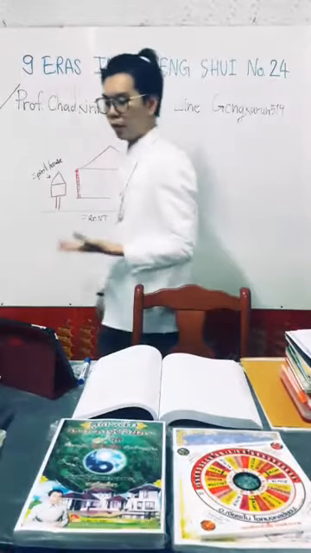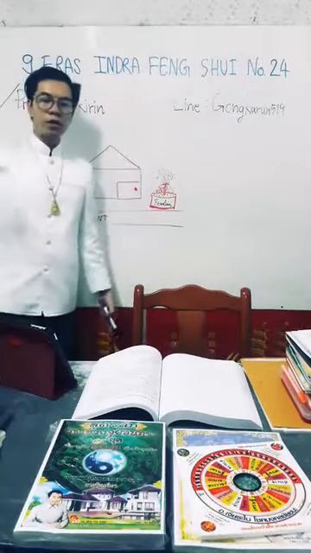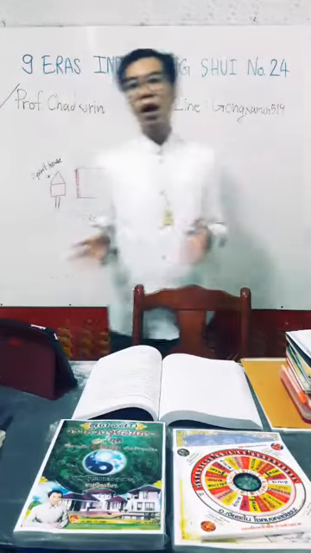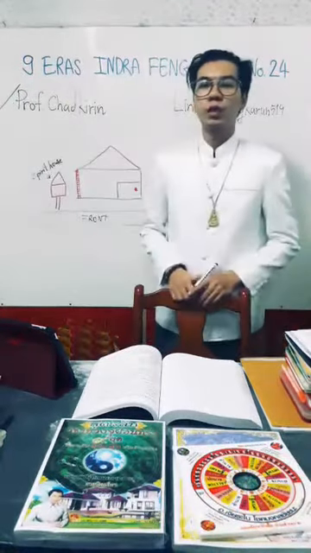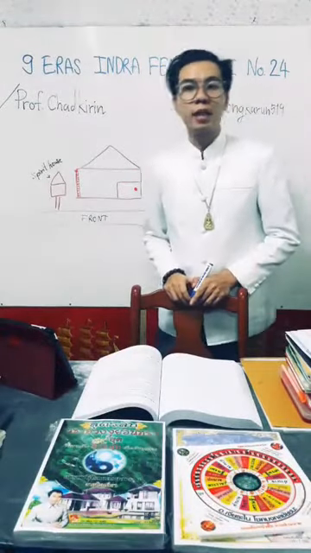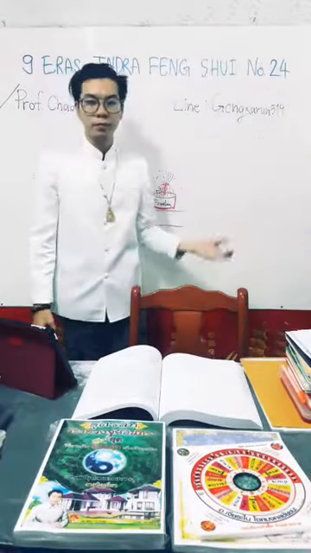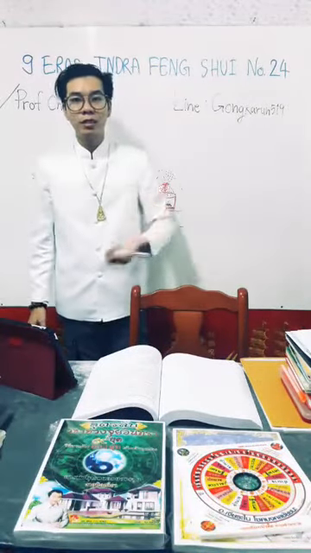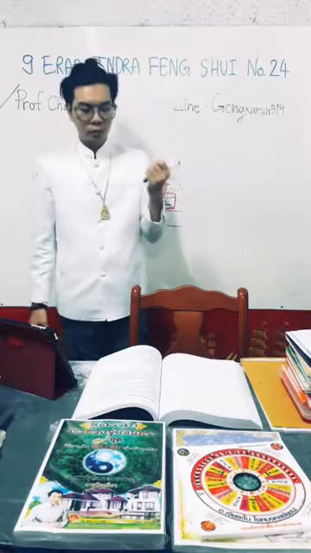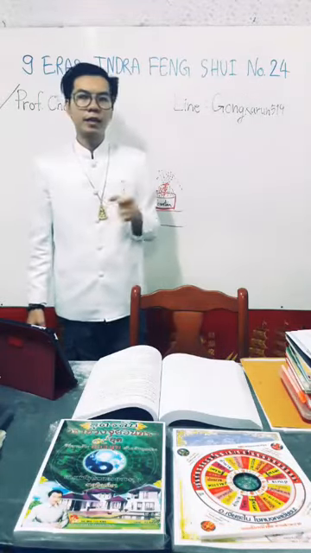Why about the door of the house? In the belief, or it's just only belief, it's like the principle of night direction Feng Shui. The gate or the door is the thing that invites the luck or the fortune or anything that brings wealth.